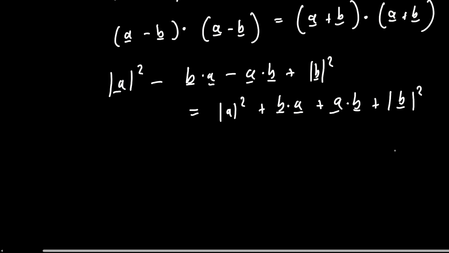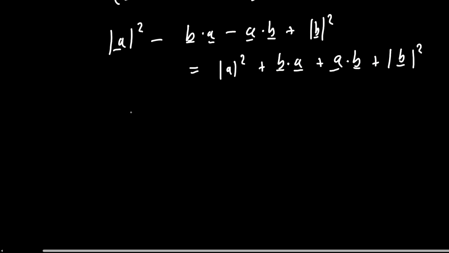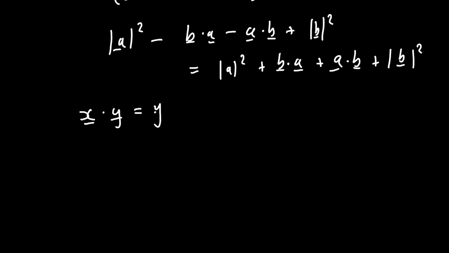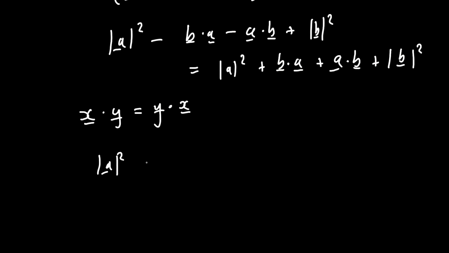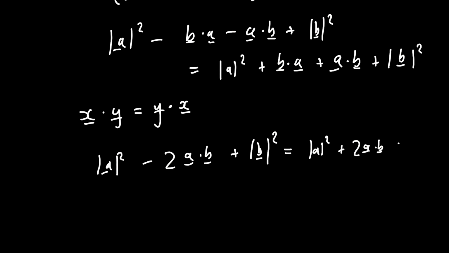Now these are standard Euclidean vectors, so we're going to say that the dot product between x and y should be equal to the dot product of y and x. And now we just simplify. So this should be magnitude of A squared minus 2 A dot B plus magnitude of B squared equals magnitude of A squared plus 2 A dot B plus magnitude of B squared.